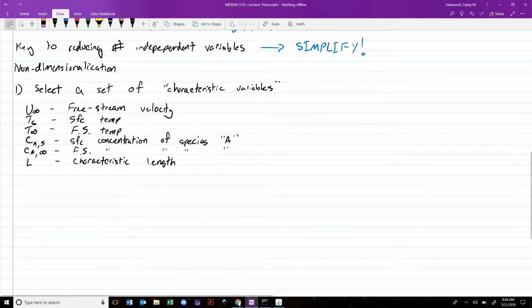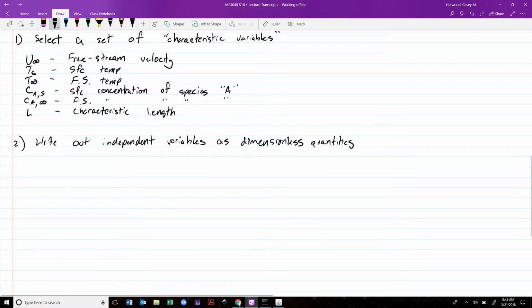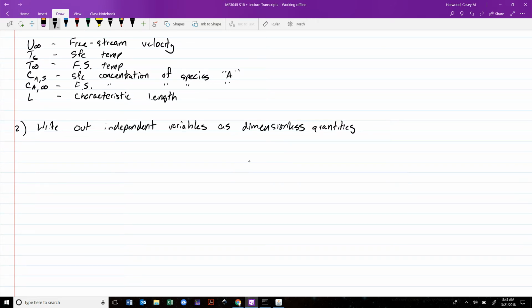So what those are going to look like then: write out the independent variables as dimensionless quantities. This will be the non-dimensional coordinates.